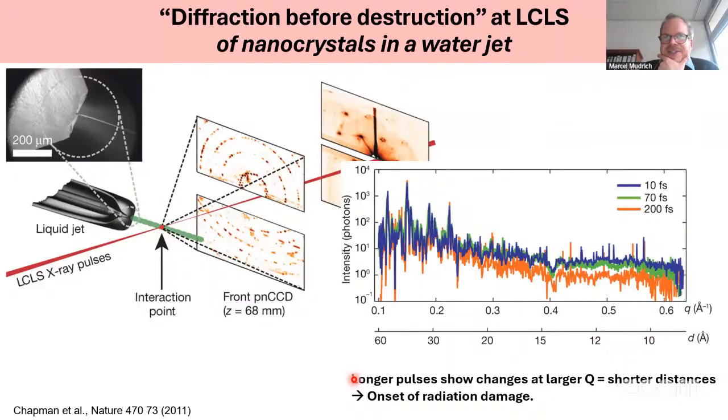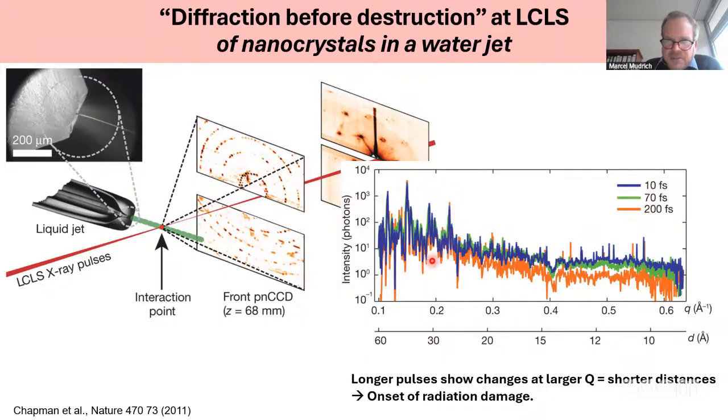And just to illustrate this diffraction before destruction aspect, here the pulses were varied in their pulse duration from 10 femtoseconds up to 200 femtoseconds. What we can see is that for the different Q values, where Q is proportional to the scattering angle, at small scattering angle, so small Q, meaning the large scales of the sample, there is basically no difference between short pulses and long pulses.